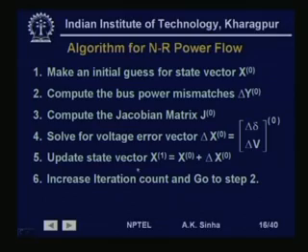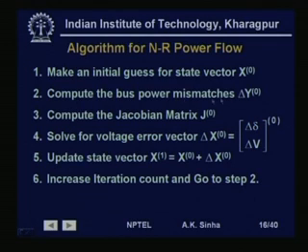Of course, for the slack bus the voltage angle is already chosen as 0 because it is a reference bus, and for the slack bus and all the PV buses we have already the voltage magnitudes which are specified. So, we use those voltage magnitudes. So, using these we have made the initial guess for the state vector.